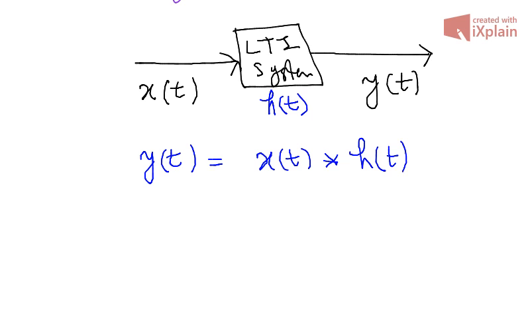This is the convolution of x of t and the impulse response of the LTI system h of t. You can also write the same expression as h of t convolved with x of t, applying the commutative property.